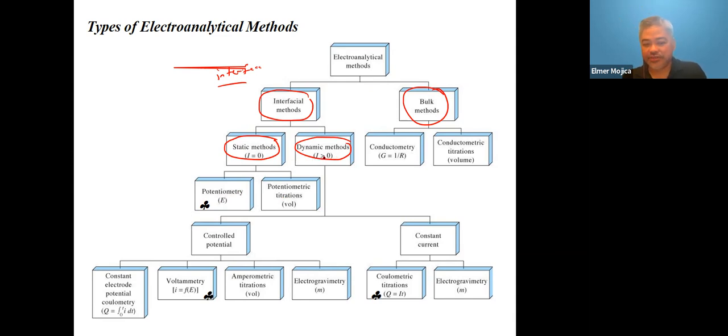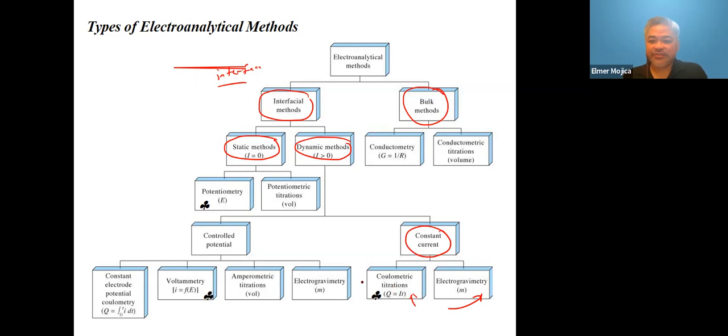It's always more than 0, and it depends if you want to use a constant current or one wherein the potential is the one that is being controlled. So if you're going to use a dynamic method whose current is constant, you can either use electrogravimetry or coulometric titration.